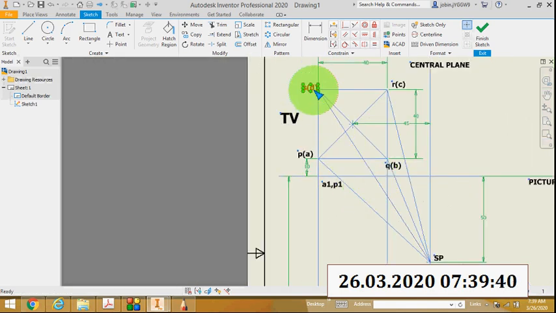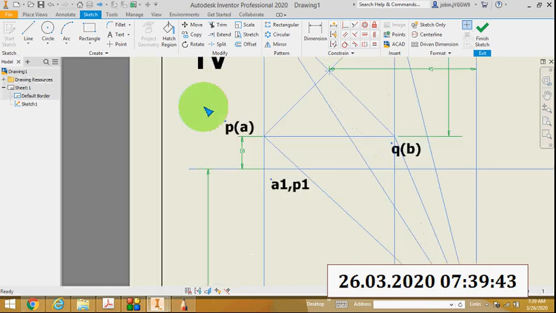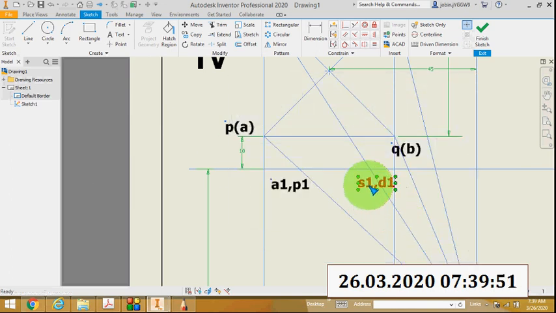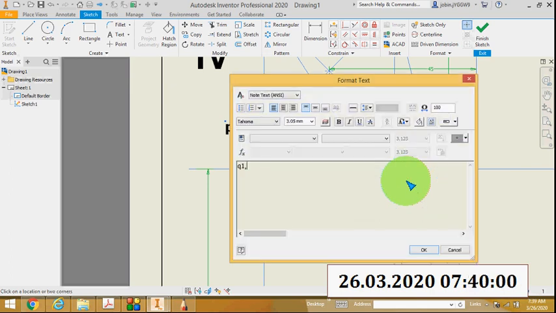Then this point is S and D, so this point is S1, D1. Very simple. Then this is Q and B, so this point is Q1, B1.